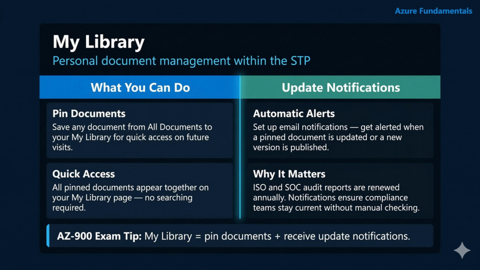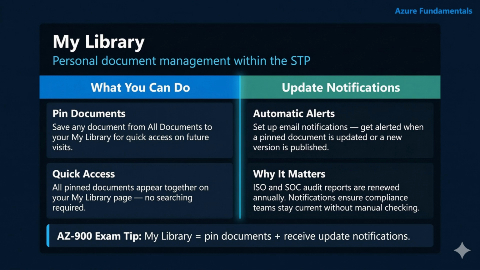The second and arguably more useful feature is notifications. You can set up email notifications so that whenever a document in your My Library is updated, you are automatically alerted. For a compliance officer, this is incredibly valuable. Audit certifications like ISO or SOC reports are renewed annually. Without notifications, you would have to manually check the portal regularly.